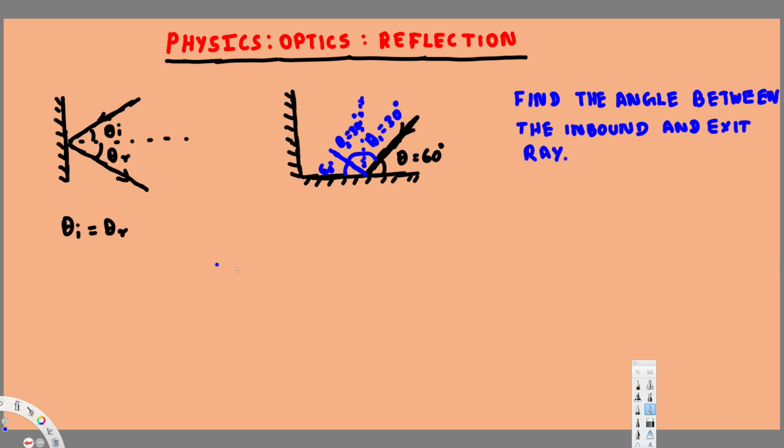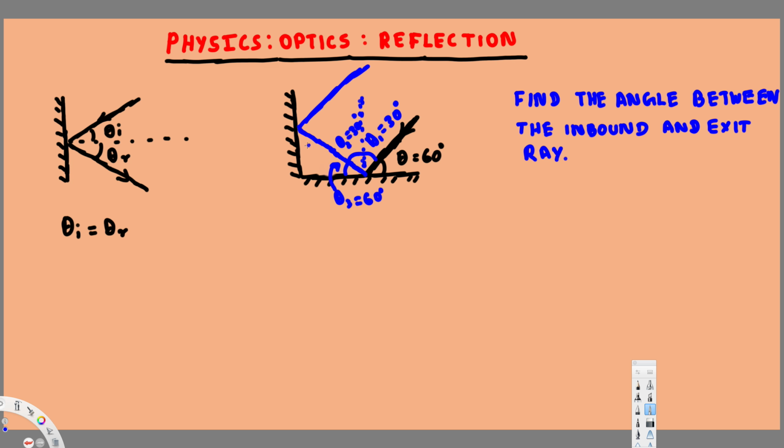Let's call this one theta 3. So theta 3 is 60 degrees. Now this is going to go like this, and again it's going to be reflected like this. The question is asking what is the angle between this and this.